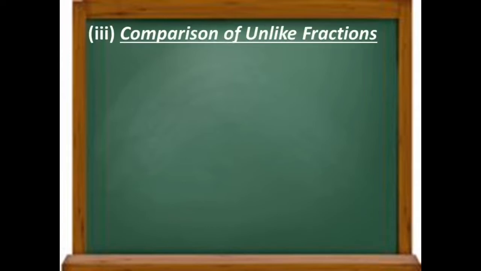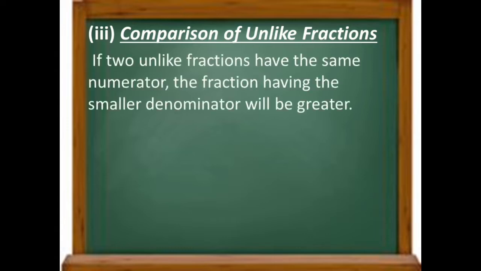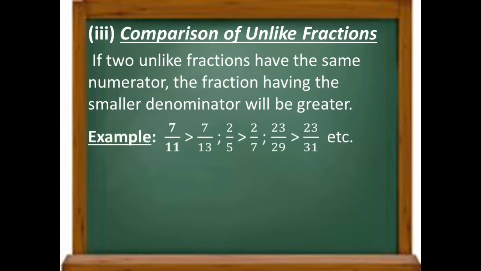Now students, next is comparison of unlike fractions, and it says that if two unlike fractions have the same numerator, the fraction having the smaller denominator will be greater. For example, 7 by 11 is greater than 7 by 13.